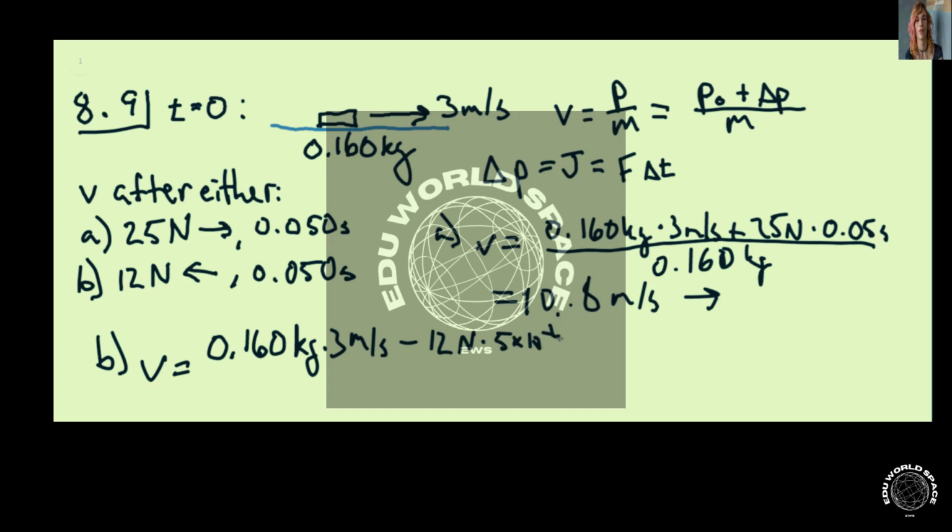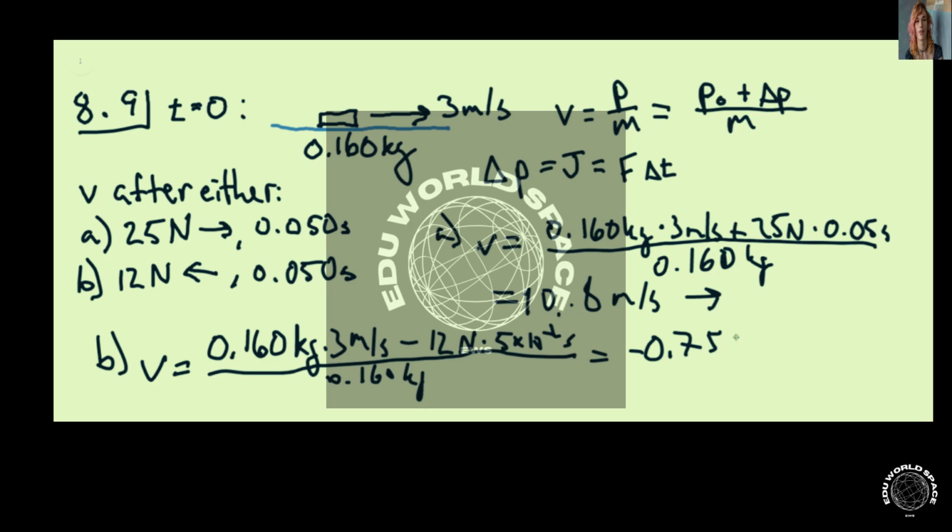And there's different ways of writing the same numbers. And indeed, this ends up being negative with a magnitude of 0.75 meters per second. So being negative, we know this goes to the left.